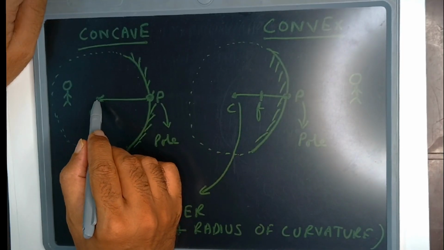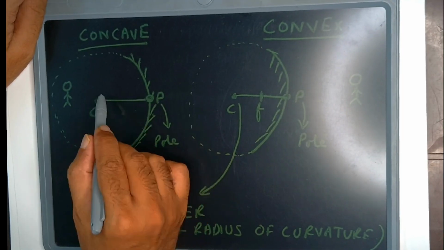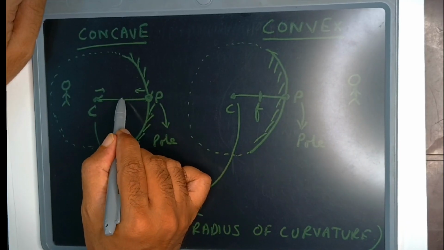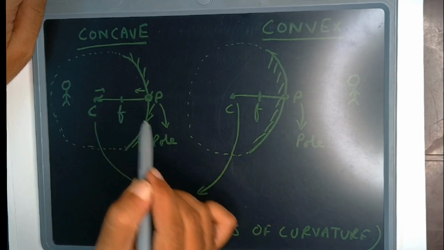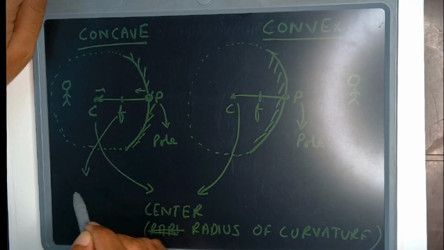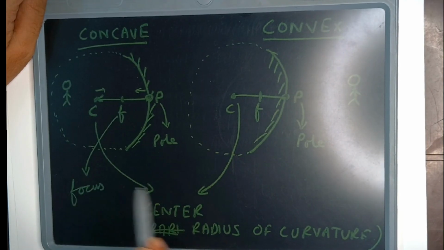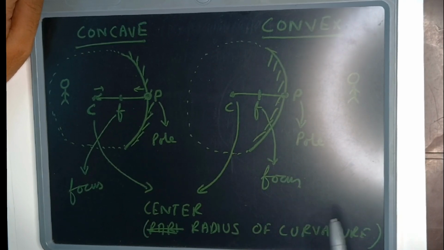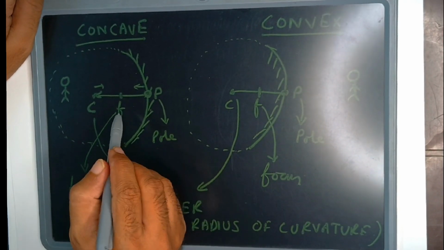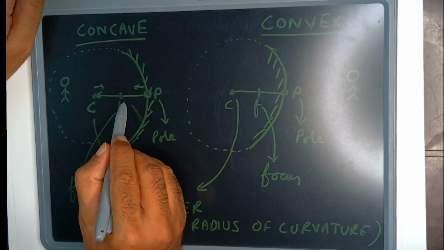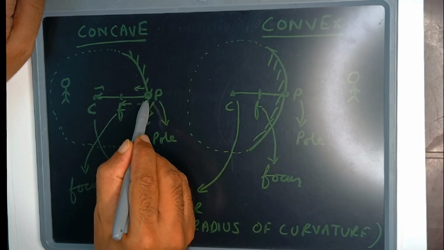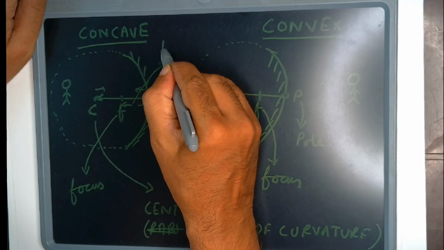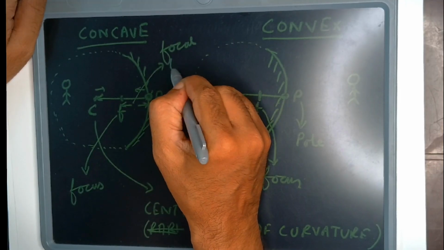Here as well, halfway distance from the center, from here to here if you take halfway, and from here to here if you take halfway, you will have something called the focus. This is called focus. This length here, from here to here, is called the focal length. What is it called, dear students? Focal length.